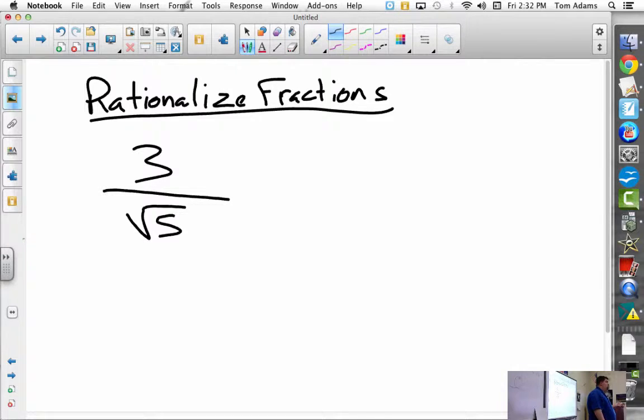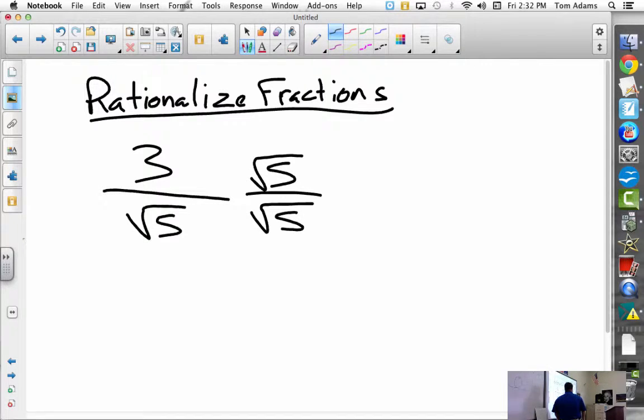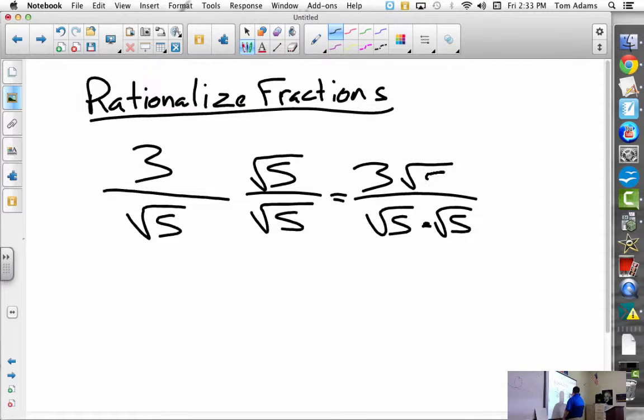So one way to get rid of a square root is to multiply it by itself, to square it. So if I multiply this by the square root of 5, remember with fractions, whatever you do on one side, you do on the other. Now what's square root of 5 over the square root of 5? 1. Anything times 1 is what? Itself, right? So this is an equivalency. However, when I multiply the bottom, I get the square root of 5 times the square root of 5, and on the top I get 3 square root of 5.